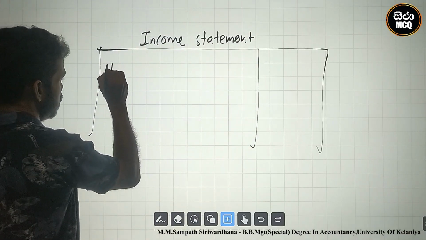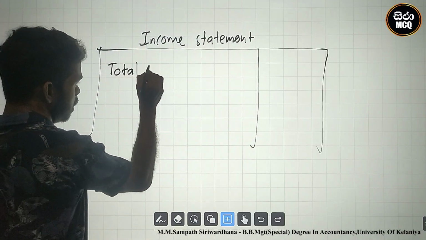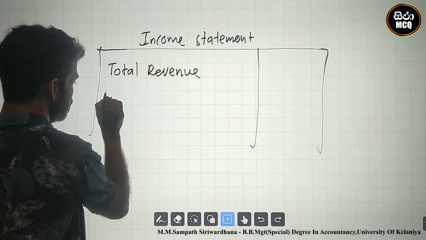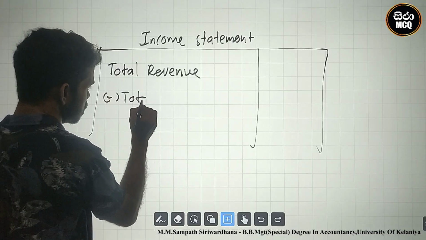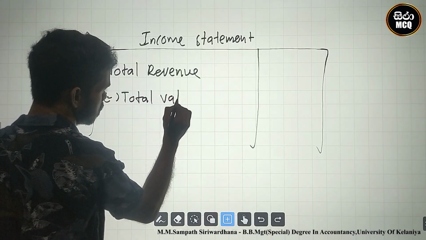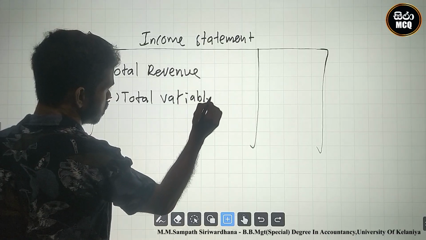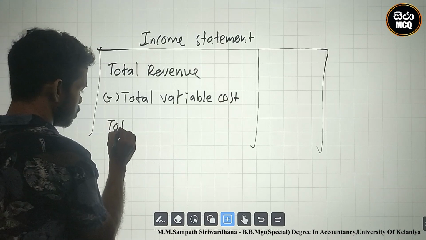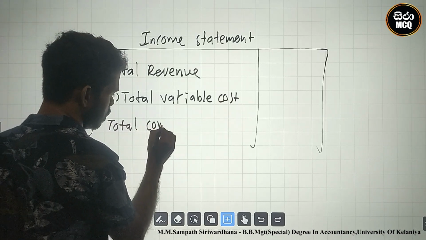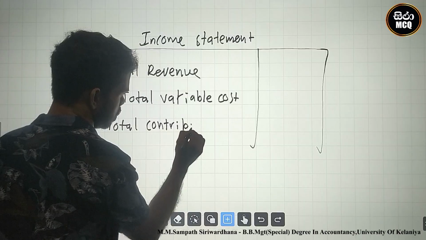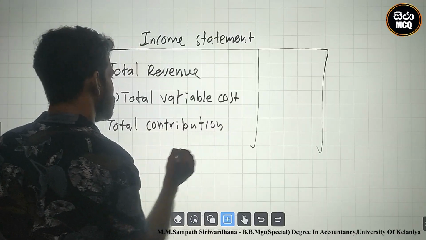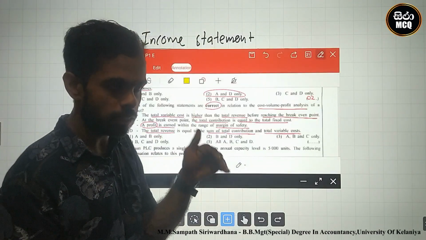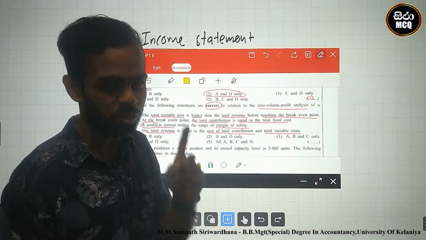Firstly, we identify total income, total revenue. After that, we minus total variable cost. What is the answer? Total contribution. After that we deduct total fixed cost. After that we find total profit.